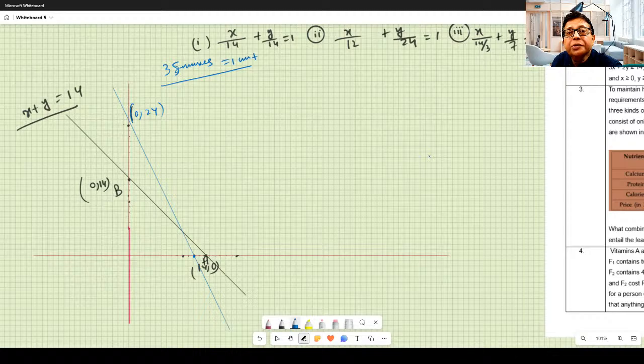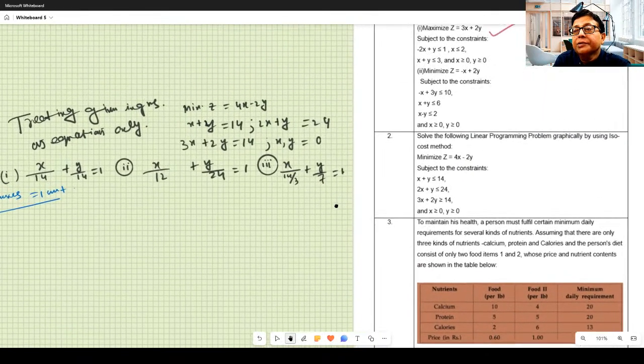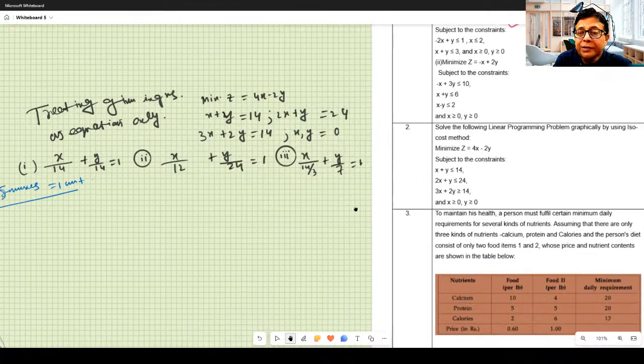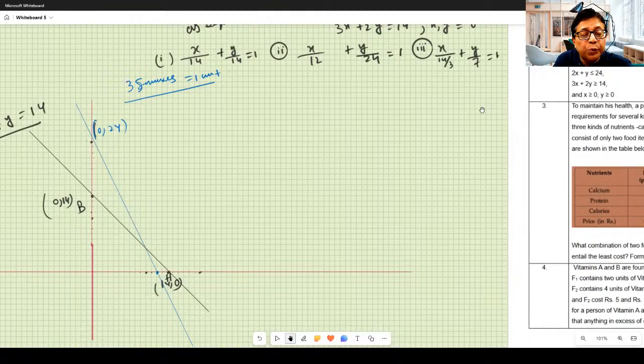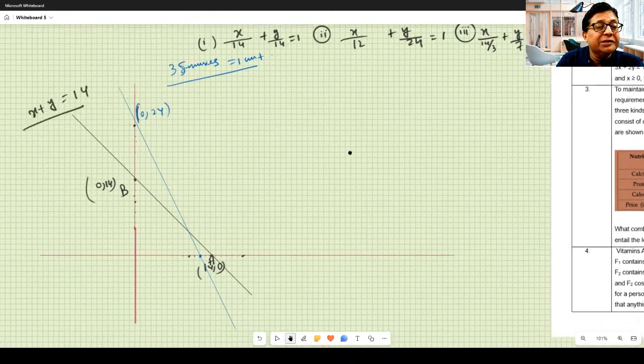Now, before we plot those lines, we have to keep in our mind that all those inequalities are less than or equal to, only the last one greater than or equal to. Okay? So 14, 24 both are less than or equal to. So x0, y0 will satisfy both the lines.